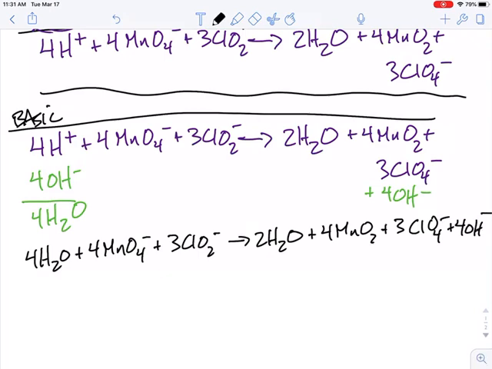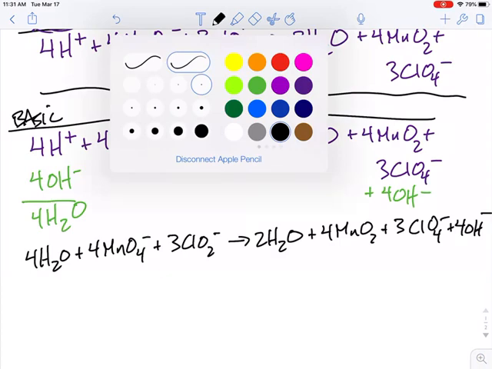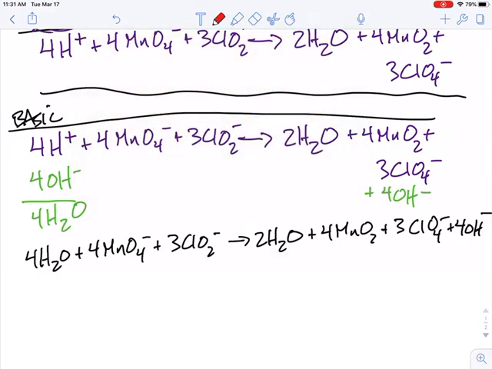Now, we're not quite done here because, as you might have seen as we went through, we've got waters on both sides of the reaction. So we're going to cancel some of those out. Algebraically, if this is 4x on the left-hand side and 2x on the right, the 2x's cancel, and this 4 becomes a 2.